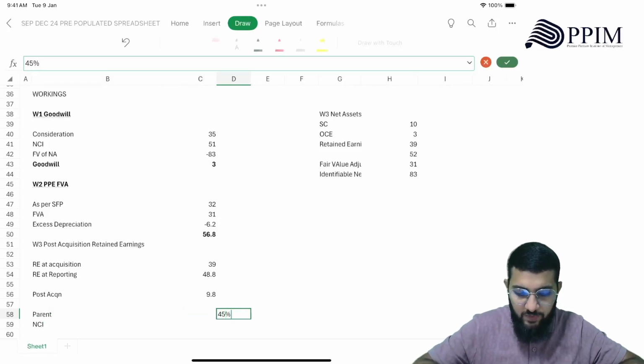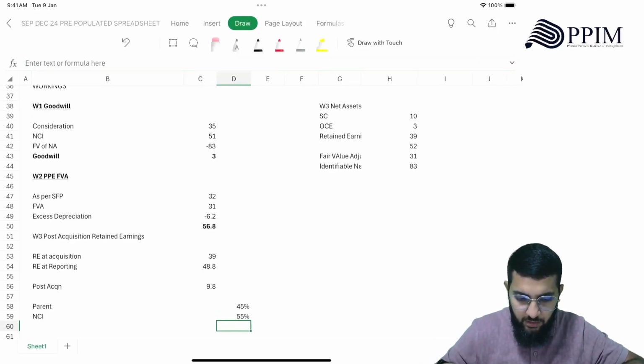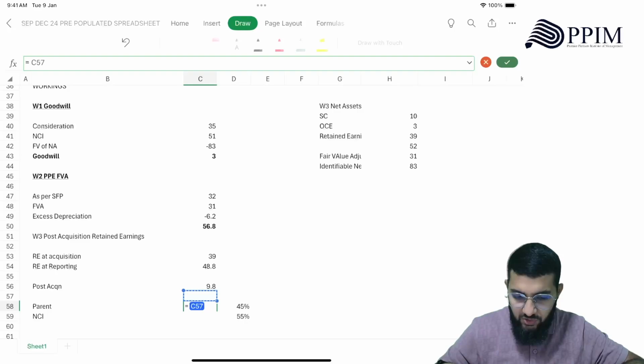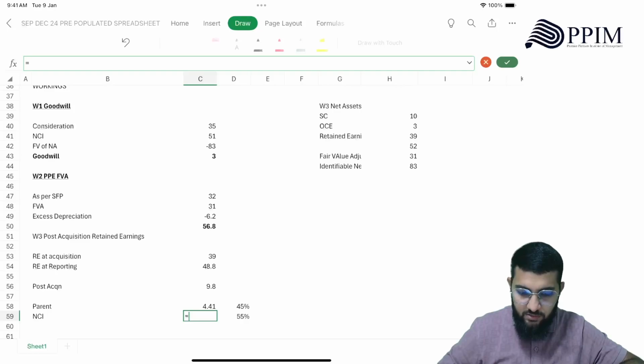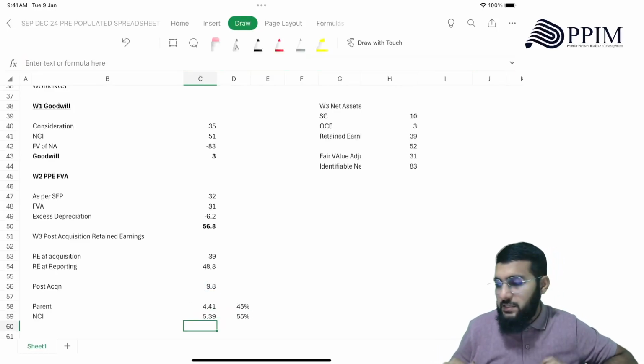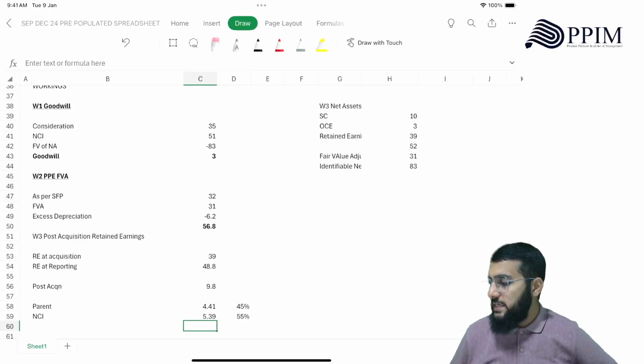Parent was 45%, NCI was 55%. So this into this is our parent's retained earnings, attributed to parent, and this into this is the subsidiary's, NCI's. Okay, that is NCI's retained earnings.